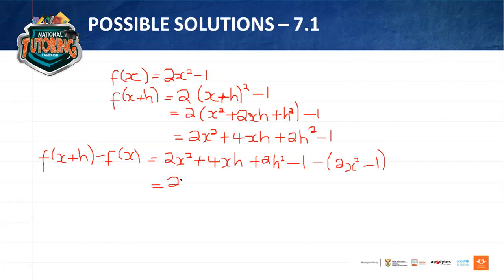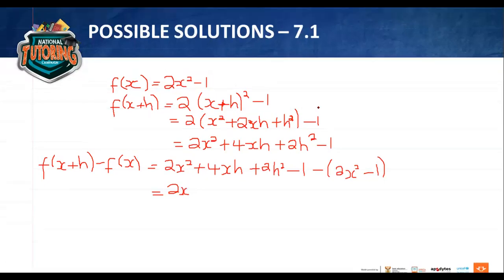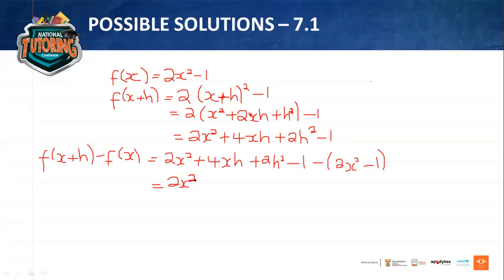It would be 2x squared plus 4xh plus 2h squared.